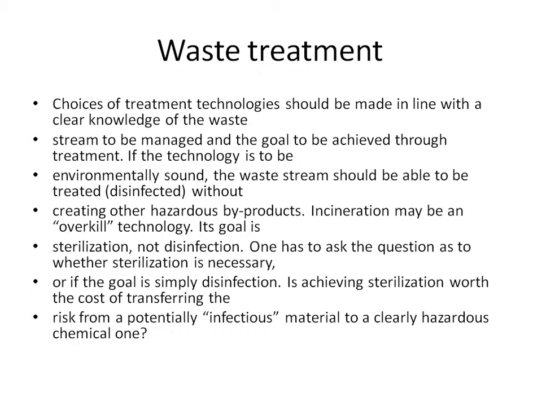Otherwise, we can do incineration. Incineration is the commonest method in this part of the world, but when you burn polythene and all soiled polythene, dioxins are produced, which harm the ozone, the famous dioxins.